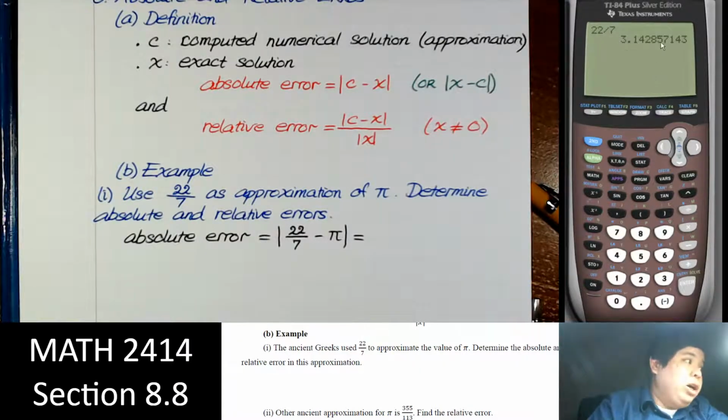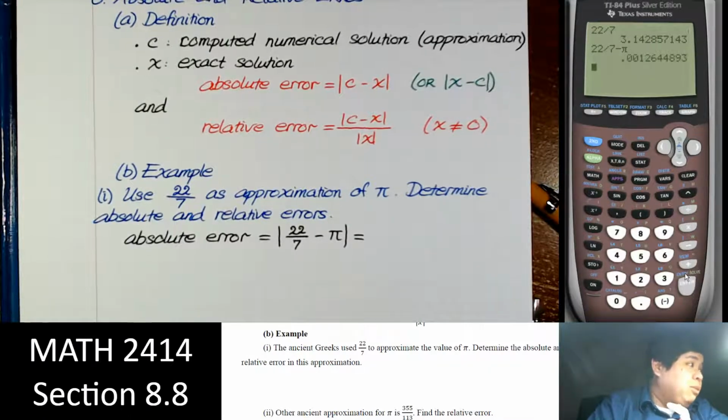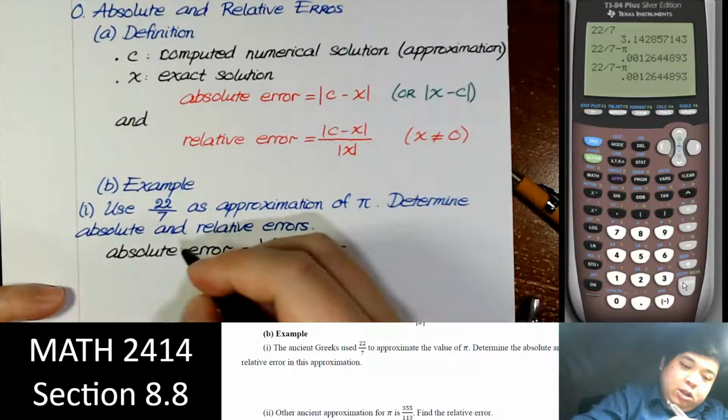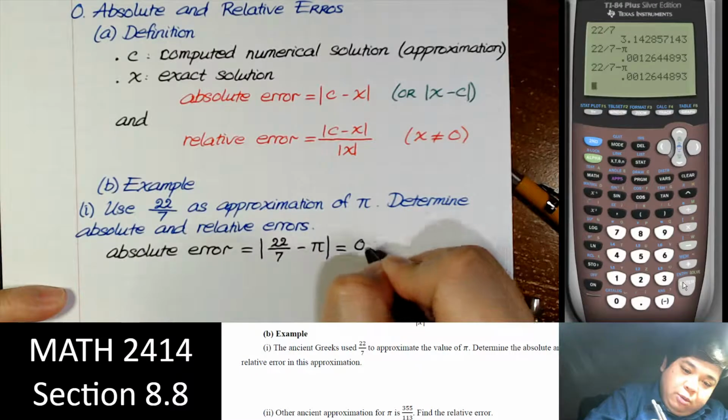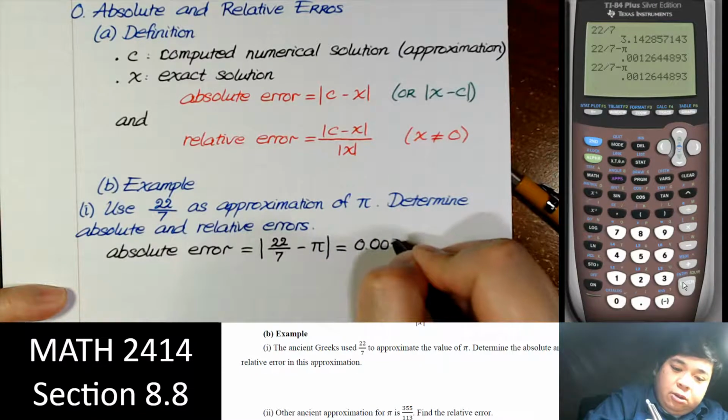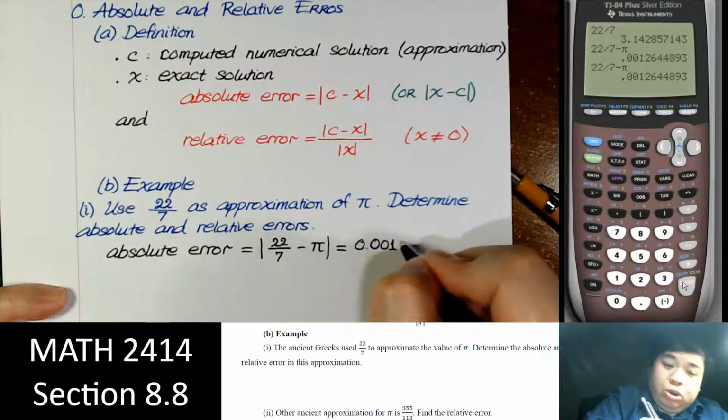That's close to pi, actually very close to pi. So we're going to take 22 over 7 minus pi. We should do the absolute value, but it's not worth doing it. If we subtract and get a negative, just turn it to positive at the end. It doesn't matter. We have absolute values. So the absolute error is 0.00126.